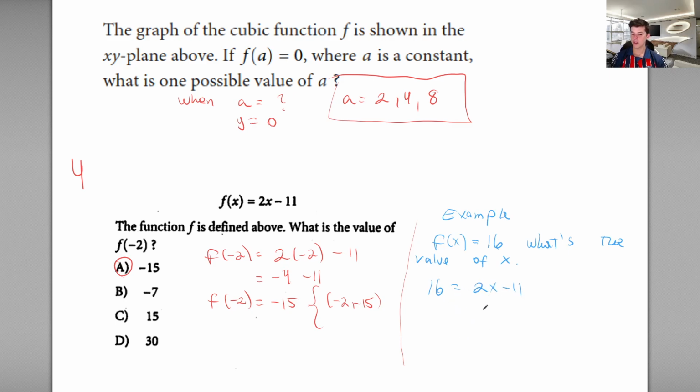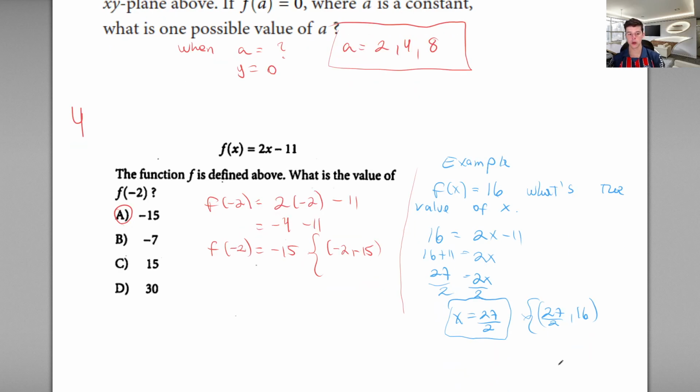So we add 11 on both sides. 2x equals 16 plus 11. So 2x equals 27, dividing by 2. So x equals 27 divided by 2. So this will be coordinate (27 divided by 2, 16). Easy. Good thing to know too how to differentiate what they're asking, like if they're asking for the value of y or for the value of x.